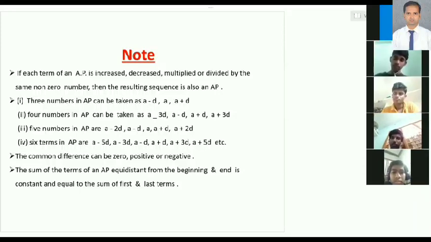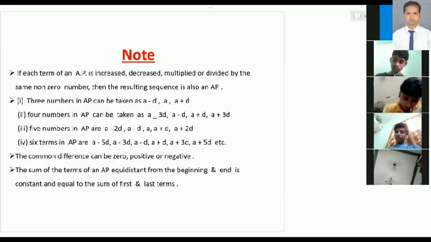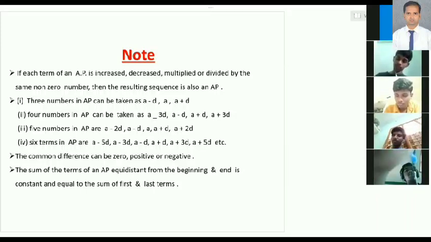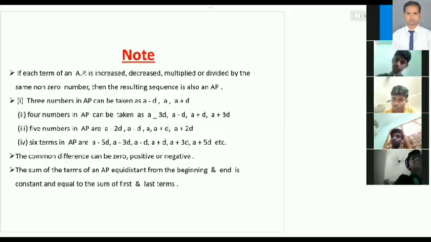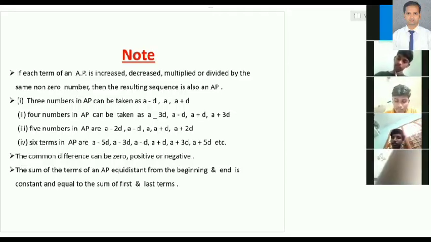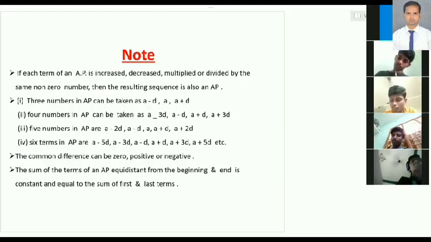Okay. Copy this second point also. Okay, third point completed.